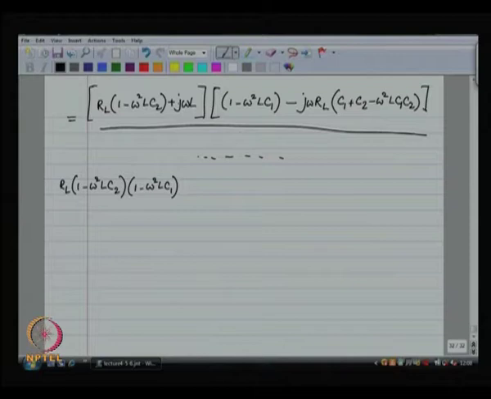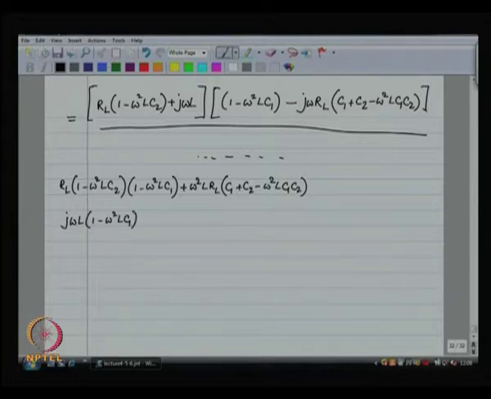Plus j times minus j is plus 1. So, this is the real part, and the imaginary part of the numerator is something of this fashion.